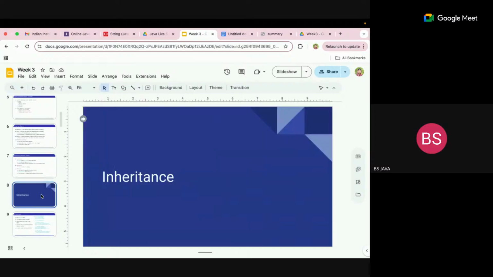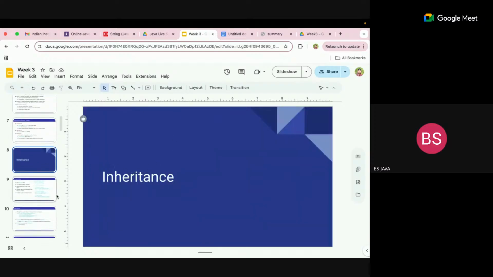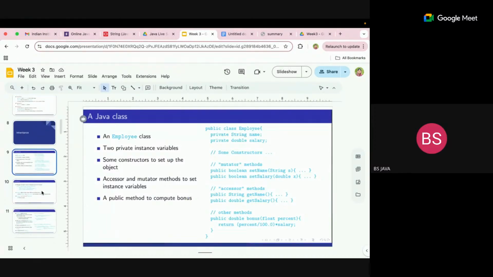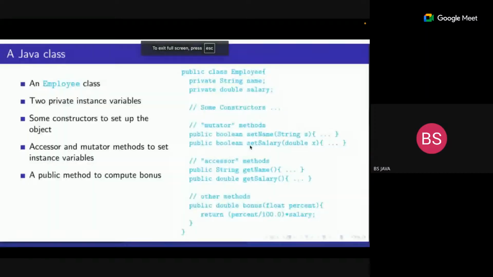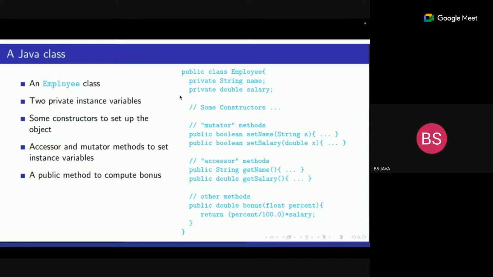Then let's see the most important part, inheritance. So consider this particular class. I'll show this code later. First, let's see the explanation part. We have this employee class, and this employee class has instance variables name and salary. They are private instance variables.